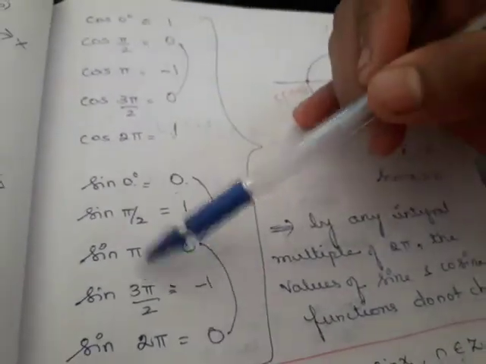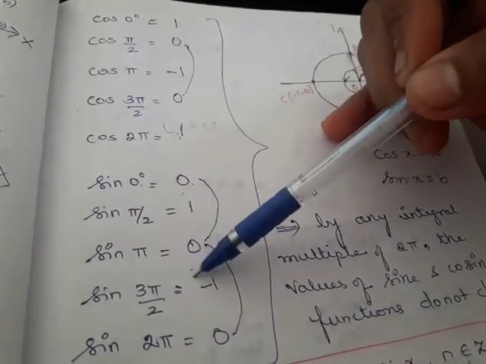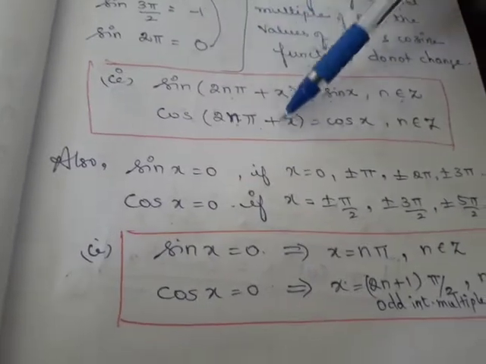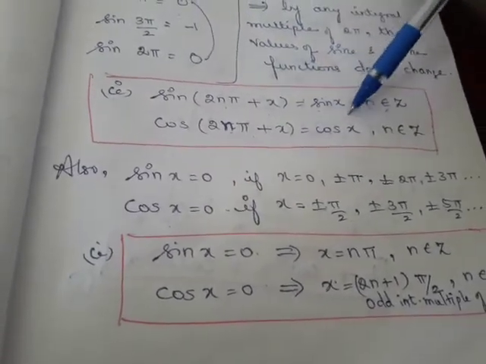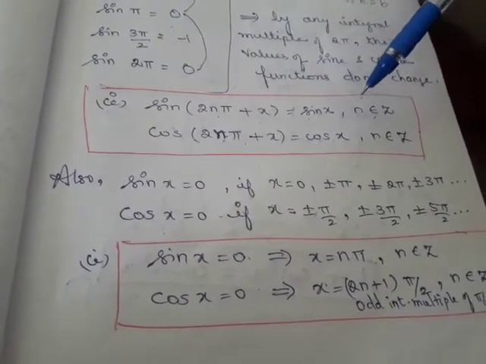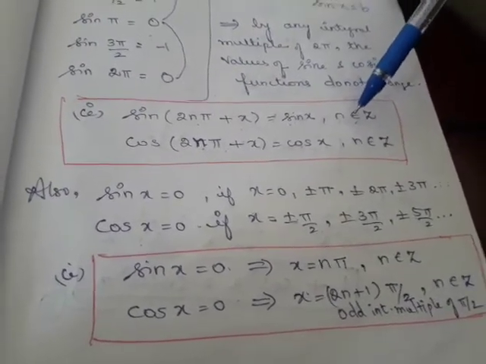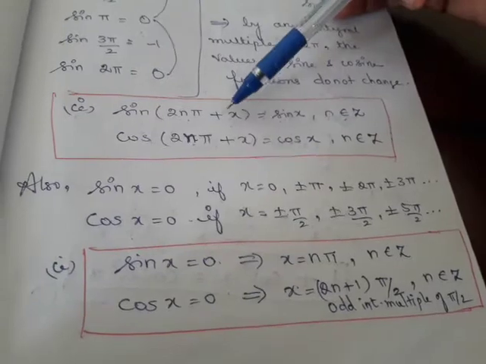Then we derived the cos and sin values for all quadrant angles, and then we started analyzing these values and came to a conclusion that the sine and the cosine values remain the same. They do not undergo any change in integral multiples of 2 pi.